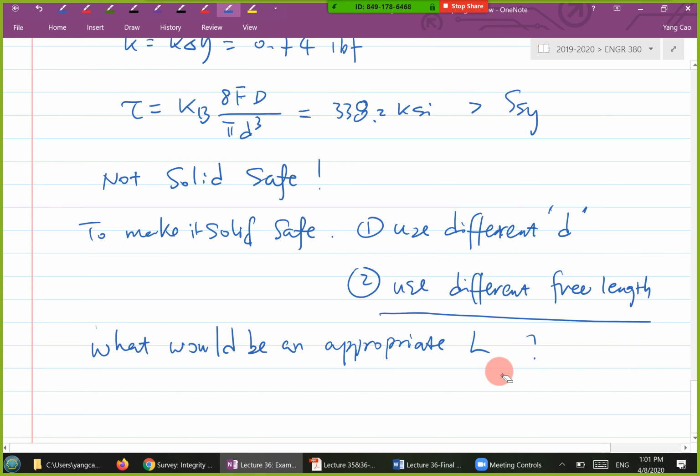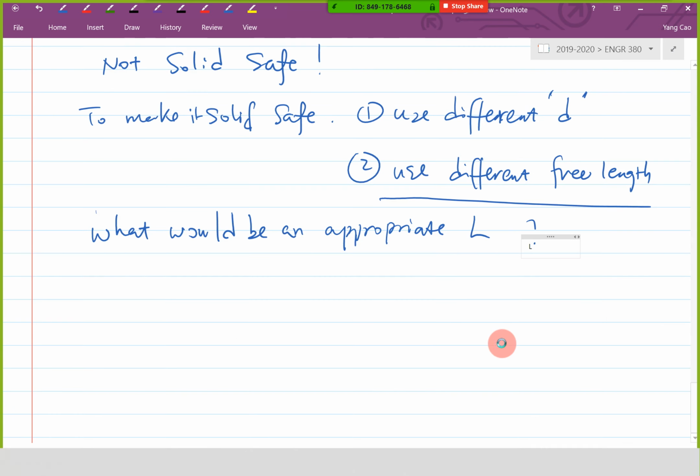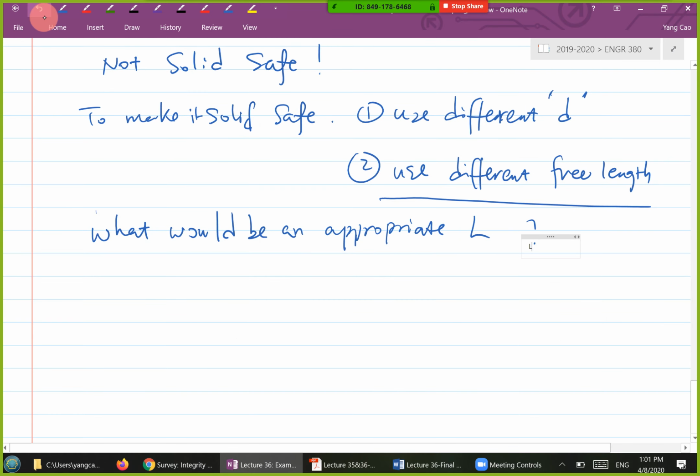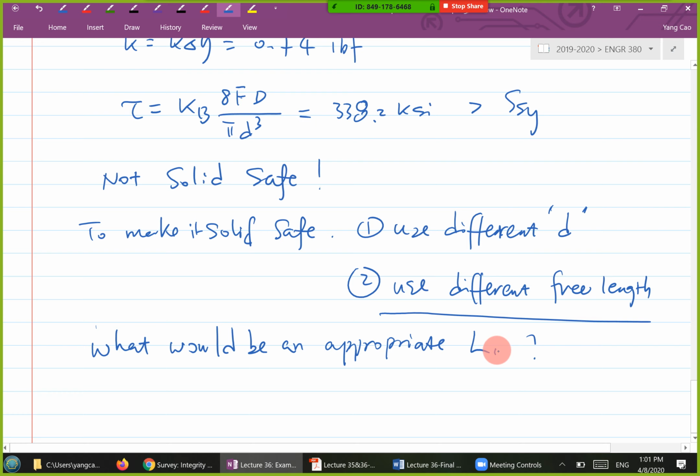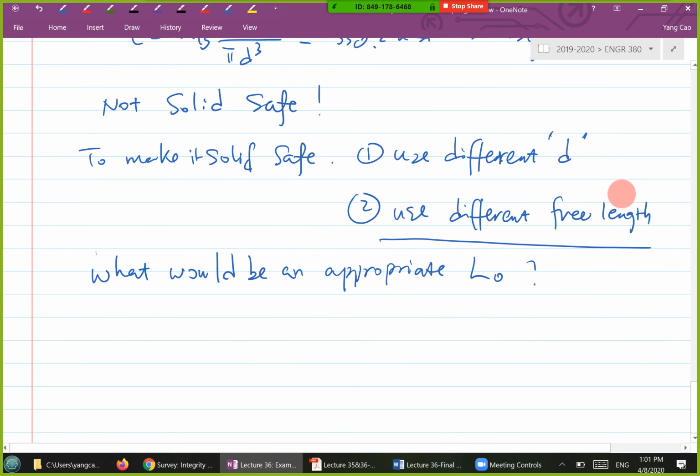Sorry, L0. Free length is L0. So here's how you can do it. Right? It's actually very simple, a little bit of reverse engineering.